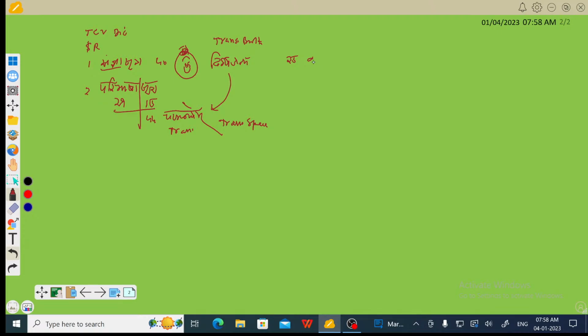Now, as we have seen that the text of Gita, as the first chapter is 47, last chapter is 78, and the second chapter is 72, the third chapter is 43.